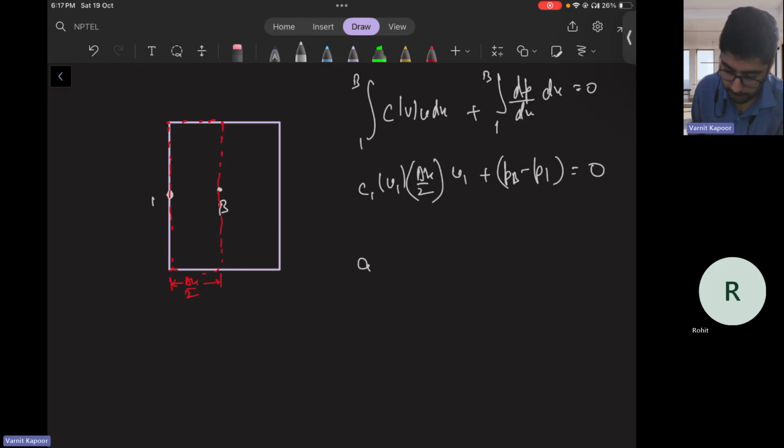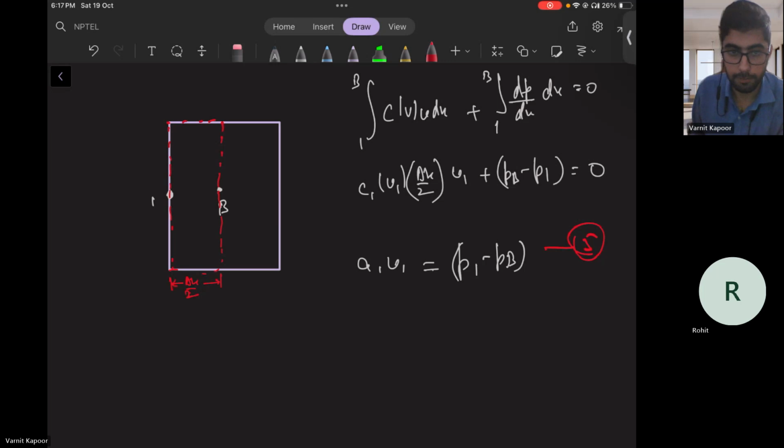So this can be written as A1 U1 is equal to P1 minus PB. This is our equation number 5.